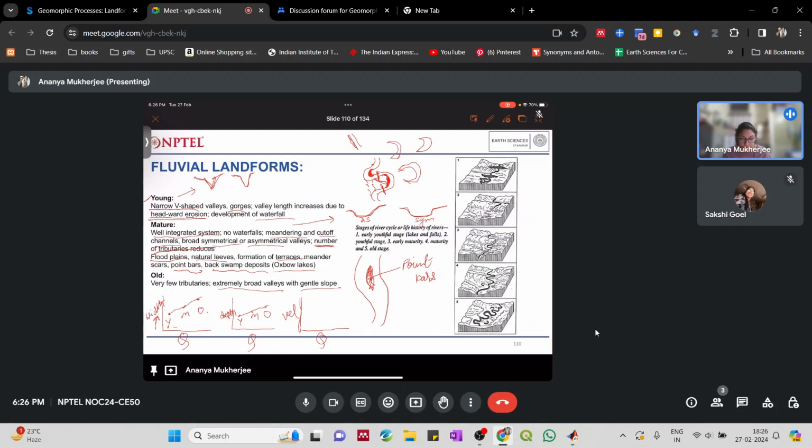Yes, so the velocity change isn't very significant, but there is certain change to accommodate for the increase in discharge.